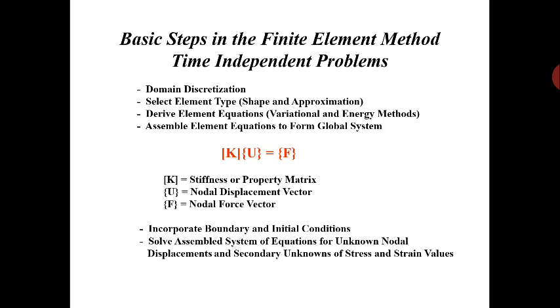So we can solve this system of simultaneous equations for the deflection at the given nodes, and stresses in each element, and also we can have the strain values with the help of those equations.